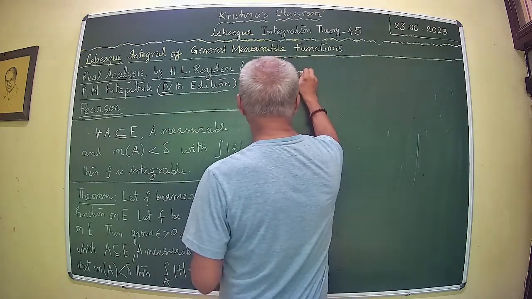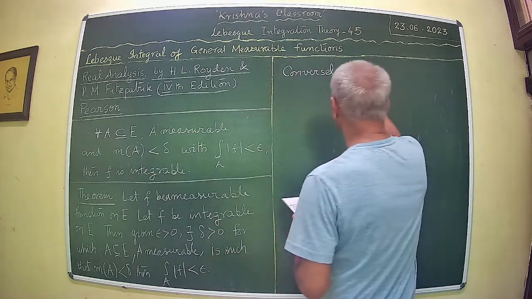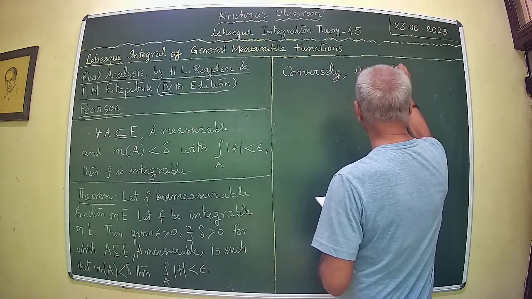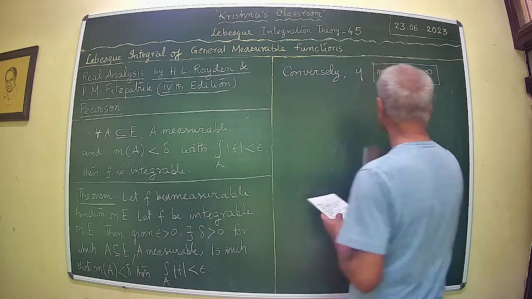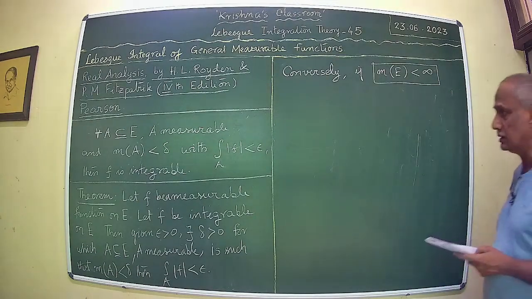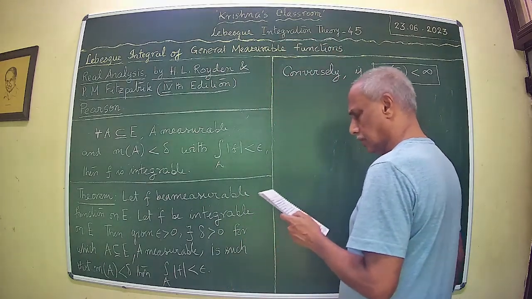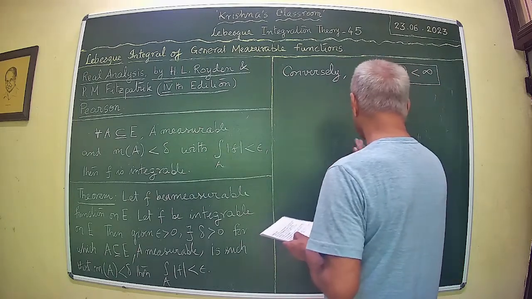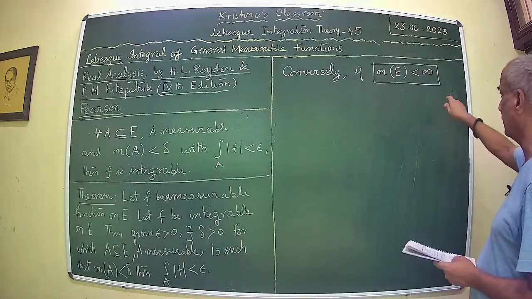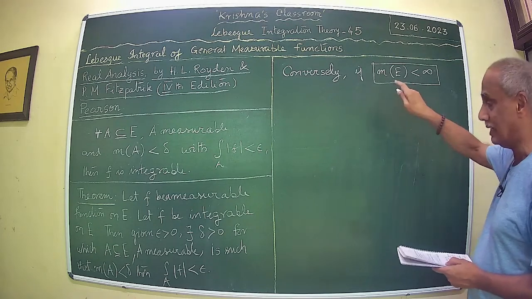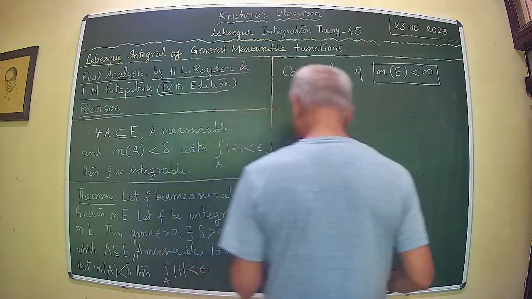Conversely, if measure of E is finite, now this is an assumption that we make, it is analogous to the assumption that the interval has its length finite. That's already there in the case of Riemann integral.